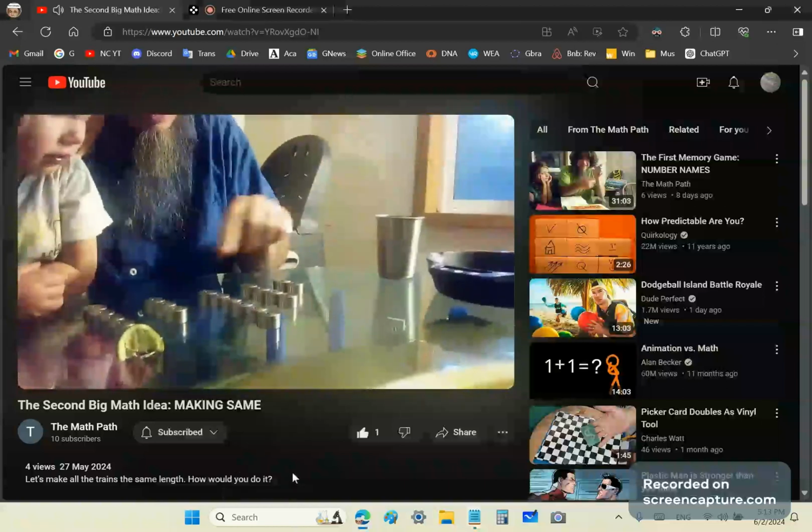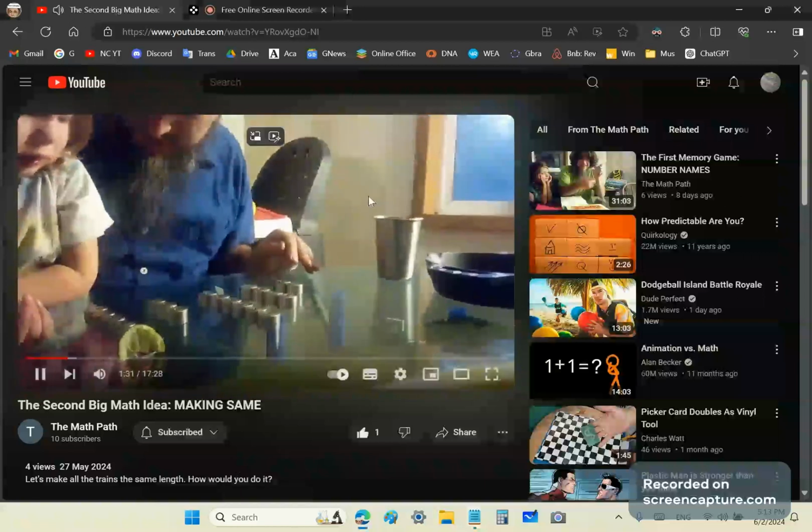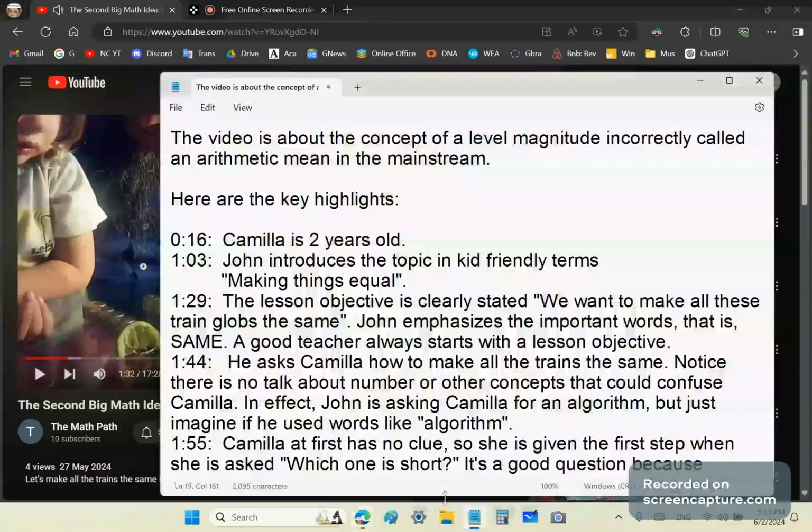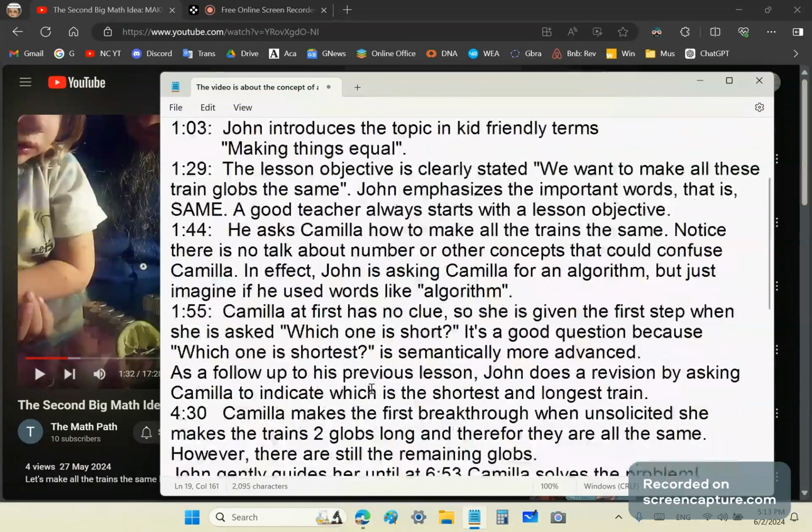But we want to make all these trains the same. So notice how he says we want to make all these train globs the same. That's the lesson objective. He didn't even say anything about length or grouping them or anything like that. And he emphasized the important words, namely same. A good teacher always starts with a lesson objective.